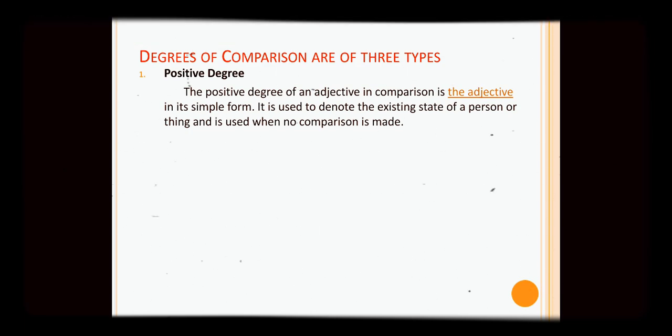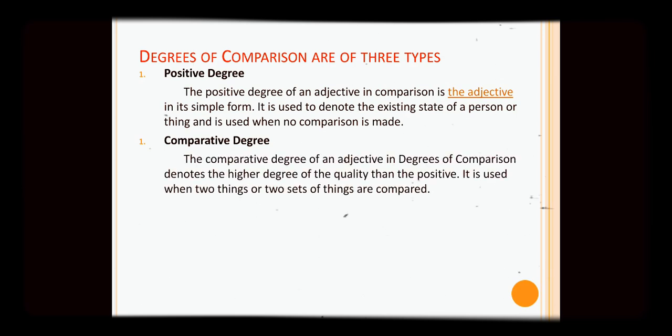Okay, let us try to understand what is comparative degree. The comparative degree of an adjective in degrees of comparison denotes the higher degree of the quality than the positive. It is used when two things or two sets of things are compared.